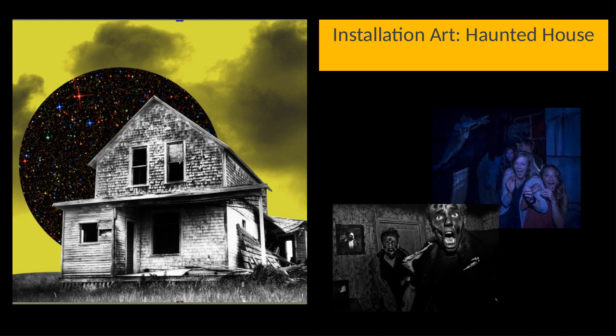A great example of installation art, just to think about it, is a haunted house. When I was a kid, they were really popular amongst churches. Churches would host these haunted houses in the basements of their church or auditoriums. They'd have a bunch of rooms, and you'd walk through, and every little detail was planned out.